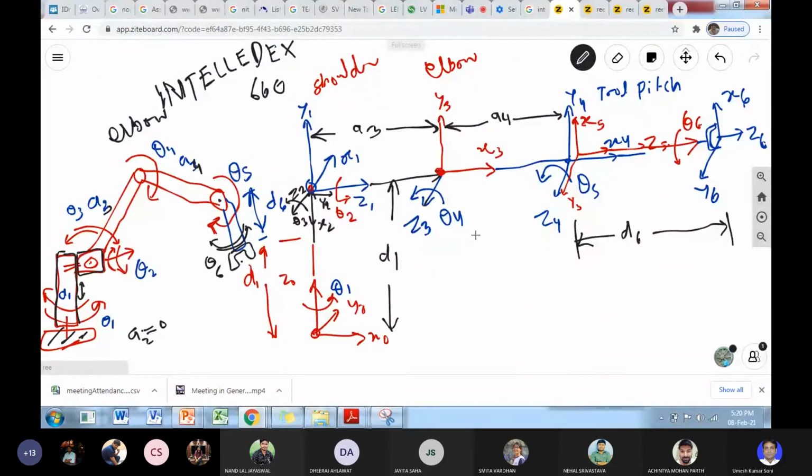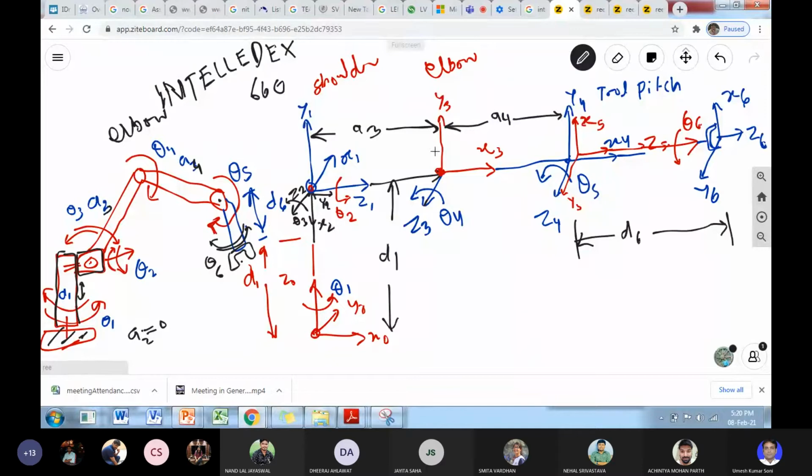Here in the joint, the whole assembly can rotate in the same manner as these links were rotating. The planar motion is there, so planar rotation of theta 5. So you can see here theta 3, theta 4, and theta 5. All these rotations are planar, meaning they rotate in one plane.